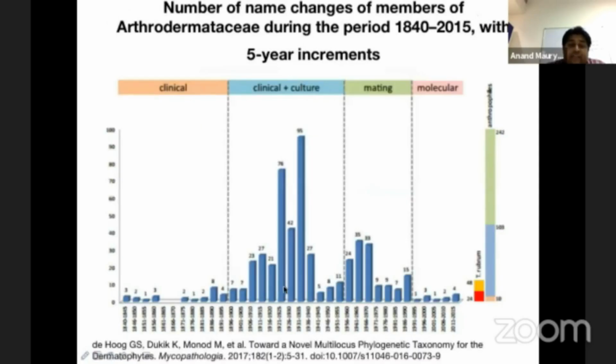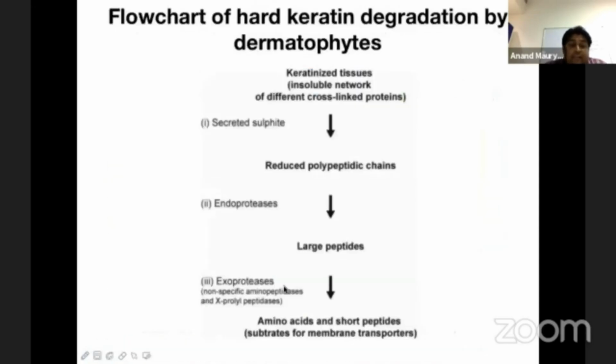There is a proline that cannot be bypassed by the non-specific aminopeptidase in the case of proline-rich proteins, and the degradation of the protein chain into amino acids and short peptides is achieved by the complementary action of the prolyl peptidase. So this is the flow chart of hard keratin degradation by the dermatophytes.